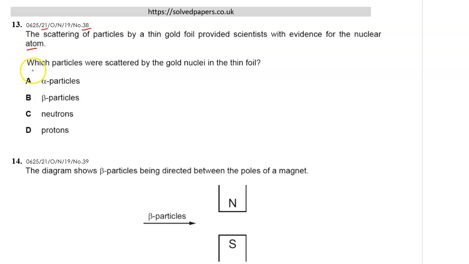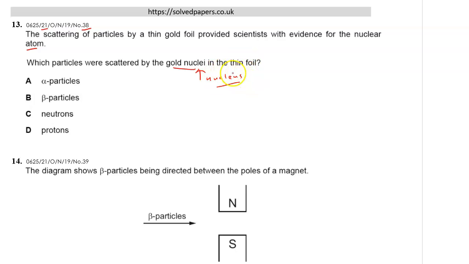This was done by Rutherford with the assistance of his two undergraduates, Geiger and Marsden. Which particles were scattered by the gold nuclei in the thin foil? Nuclei is the plural of nucleus.